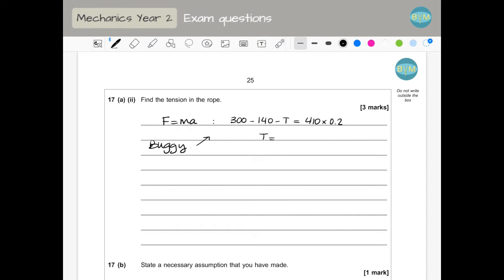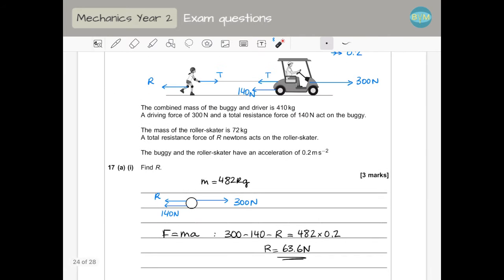And from here, very quickly, we find that T is 78 newtons. If you choose to do it with the roller skater, you will get the same answer. Your resultant force will be T minus 63.6 equals 72 times 0.2, and you will get that T is the same. Just in an exam, I would always use numbers that they give me instead of the ones that I find, if I can.